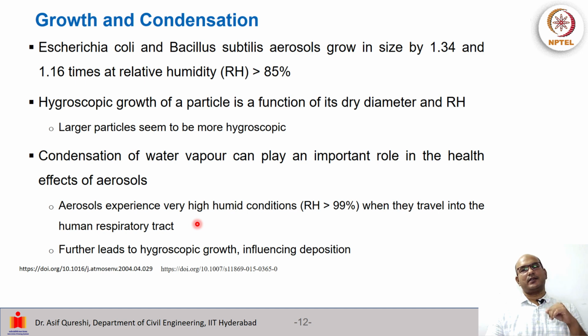So when these aerosols are inside, and if they are hygroscopic in nature, they will basically become bigger, and then it will influence deposition. Maybe they will deposit. So these hygroscopic aerosols also have implications for human health, because as soon as they go inside, they will absorb moisture and grow.